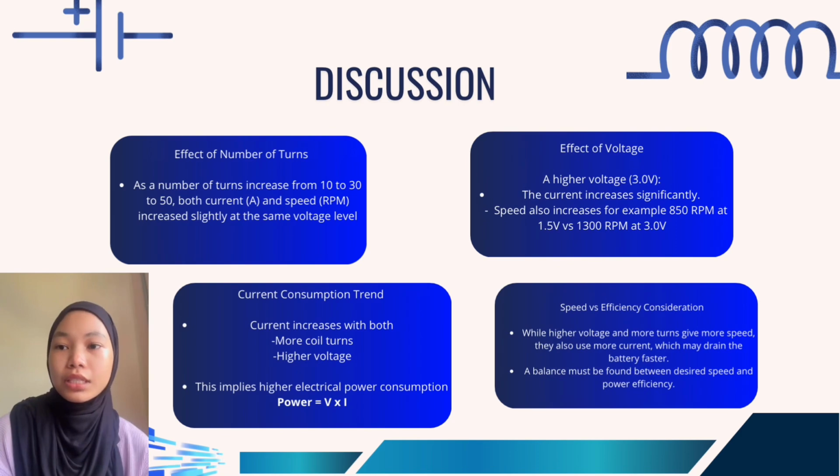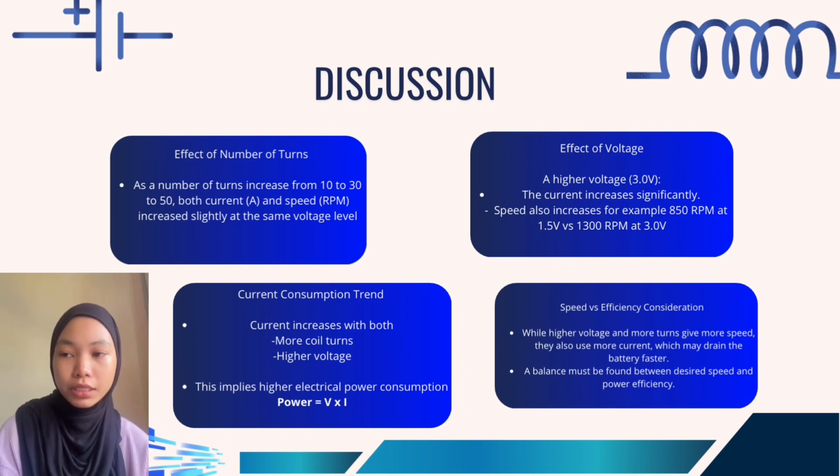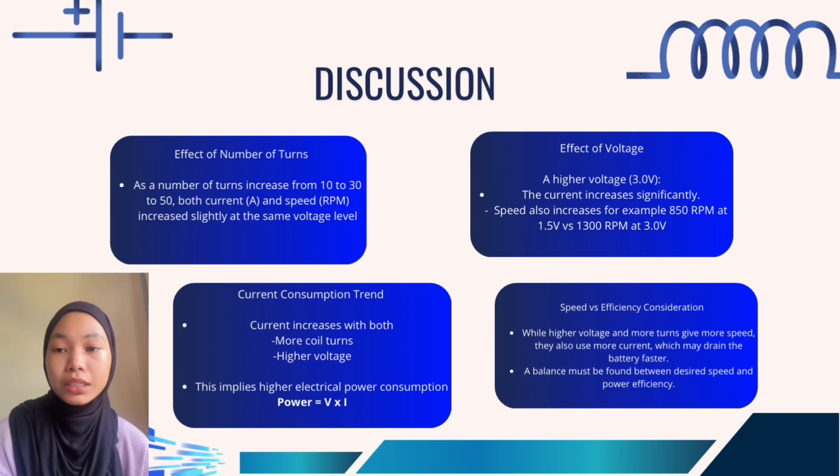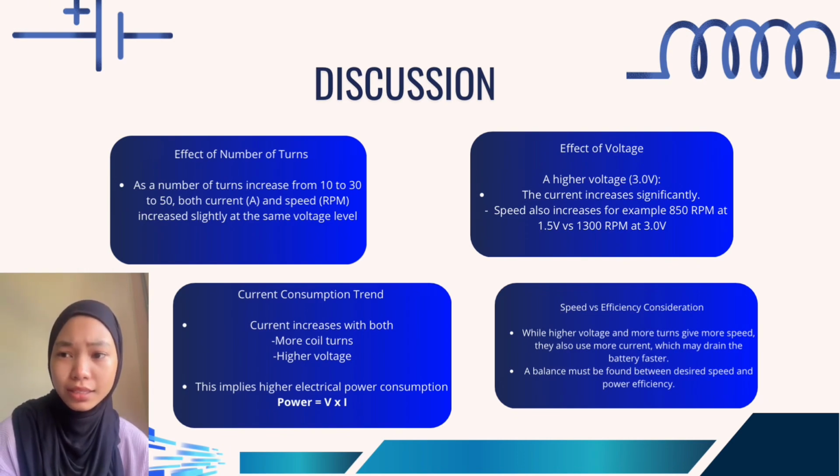Next, for discussion, number 1 is the effect of number of turns. As the number of turns increases from 10 to 30 to 50, both current and speed increase slightly at the same voltage level. More turns mean a stronger magnetic field is generated, improving torque and efficiency, hence slightly higher speed and current.